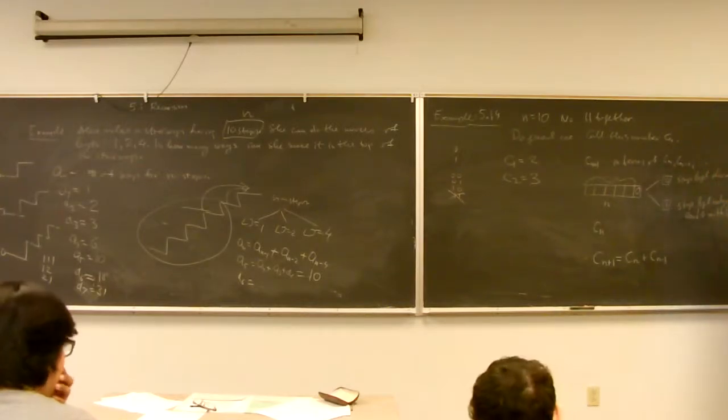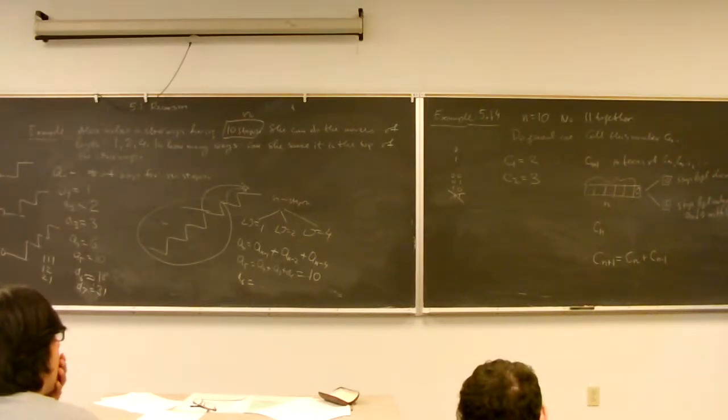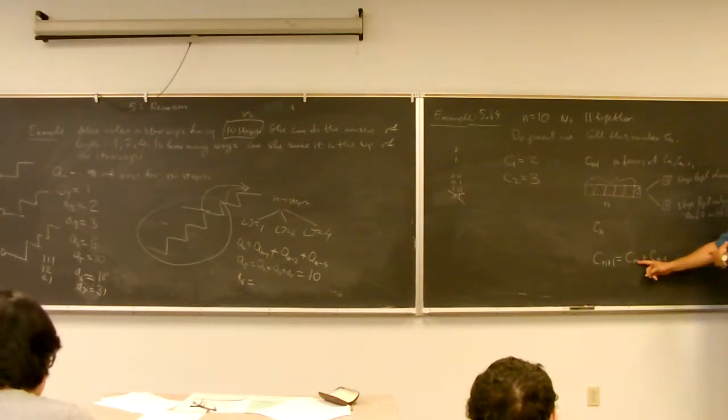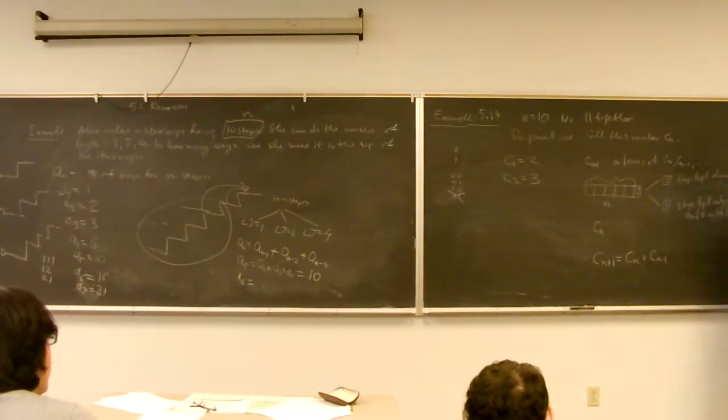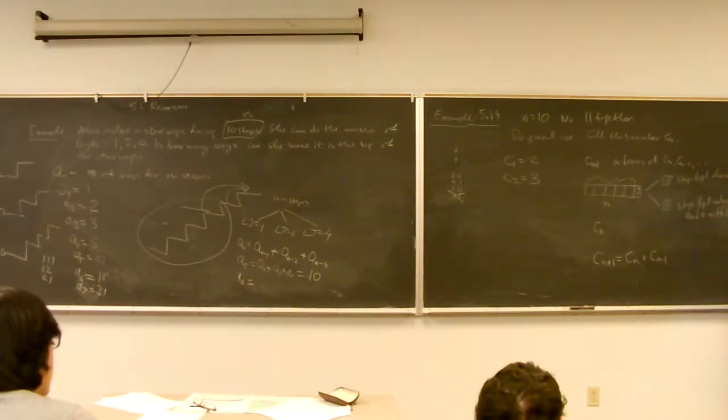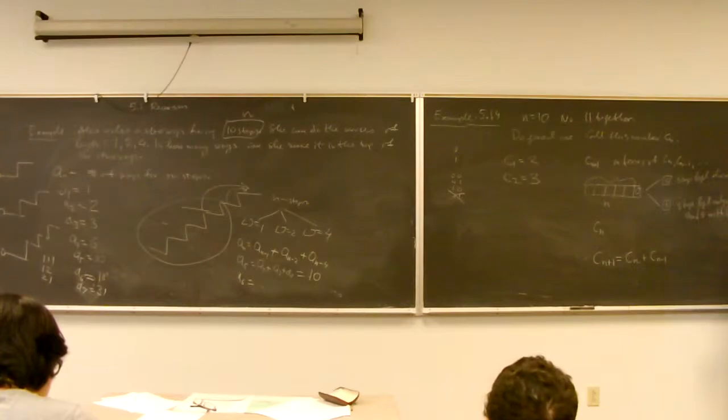Cn minus 1. So words of length n plus 1 are any word when you glue 0, or a word that already was ending with 0, then you are safe to add 1. That's it. I'm done.